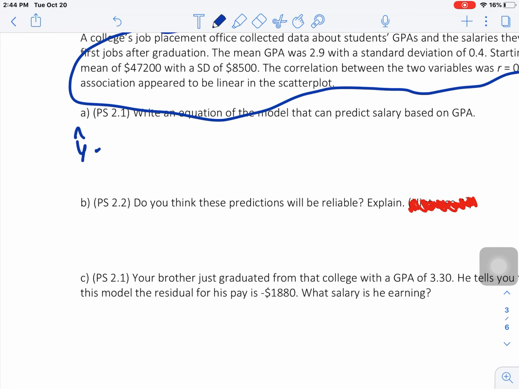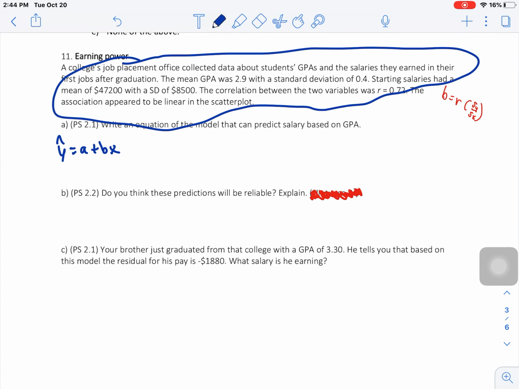So we're looking for the equation y hat equals a plus bx. But based on the information they give us, we need to use this equation over here. We need to find the slope first. We can't actually use our calculator to do linear regression because we don't have all the data. When we don't have all the data and they give us summary statistics, we need to use this formula.